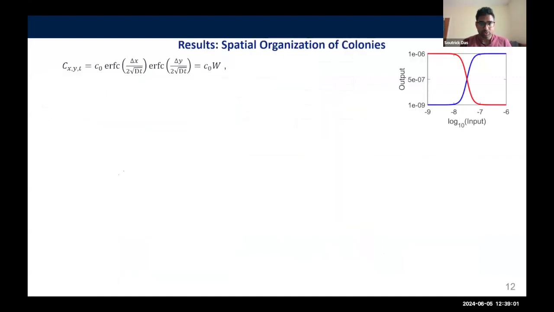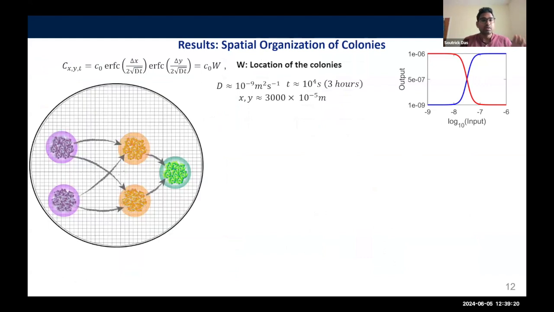Now to look into the spatial organization of the colony, without defining weights from an arbitrary range from 0 to 1, we define it by the location of the colony, where we use a realistic range of diffusion coefficient and time, and we varied the location from 0 to, let's say, 3000 times 10 to the minus 5 meter.